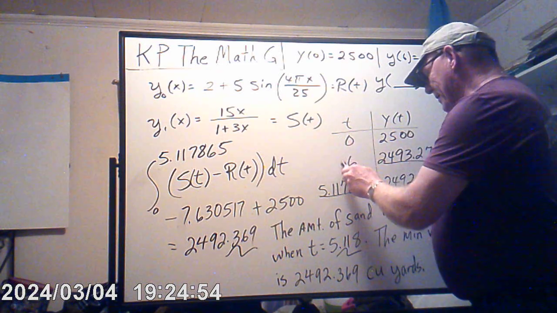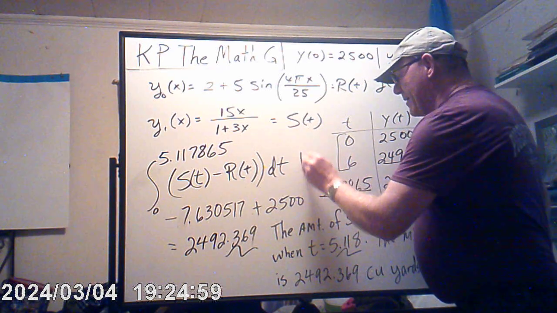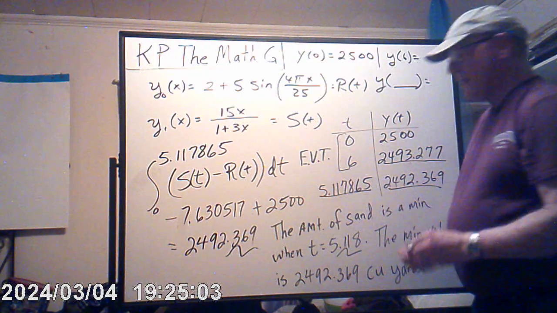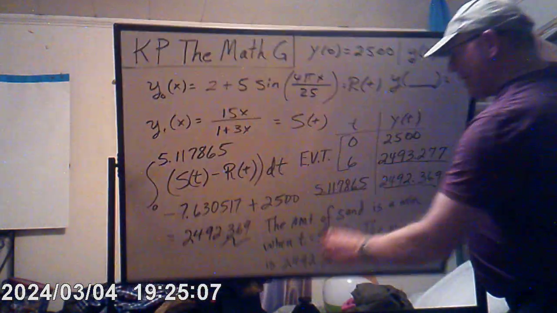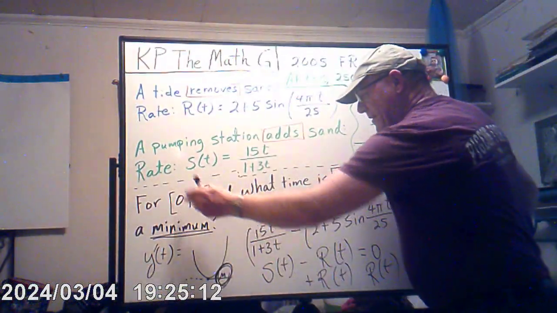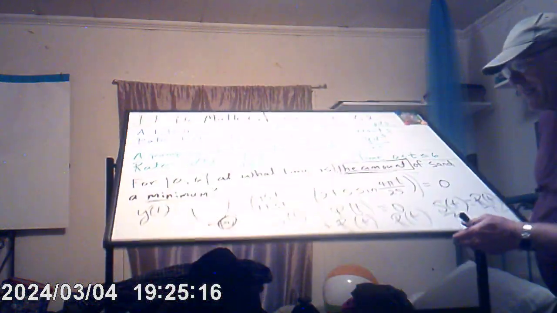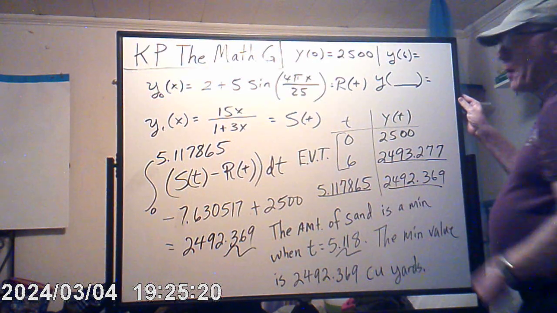And also remember, this is the extreme value theorem that you must keep in mind. That's why the endpoints on the other side were included, from 0 to 6. That included the 2 endpoints. You must always check your endpoints, not just a critical number.